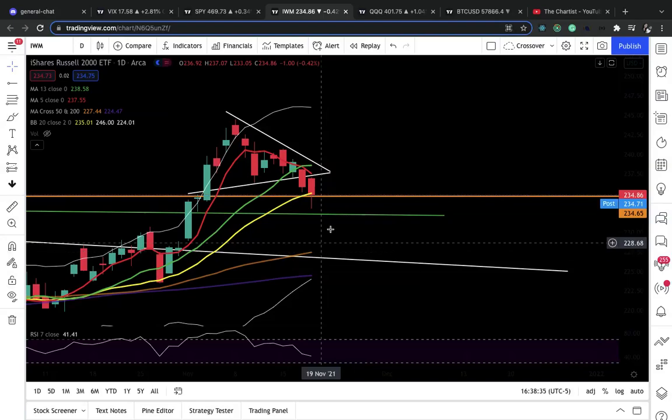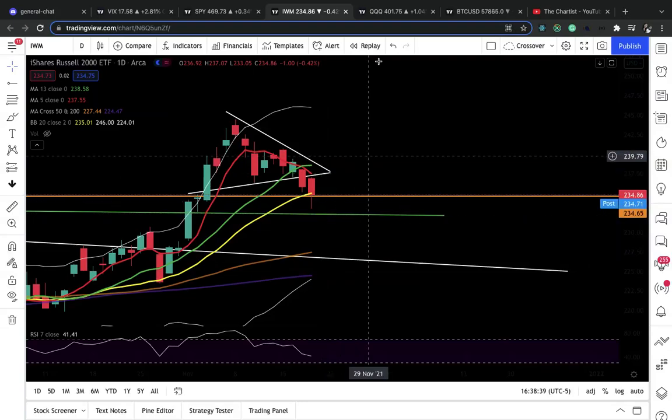Not a good sign if you're a bull, but if it bounced from there, I would buy the dip. And it could get that Santa Claus rally, which could start by next week, or maybe even Friday afternoon. Power hour on Fridays, they usually squeeze out the shorts. So that's what I got for IWM.